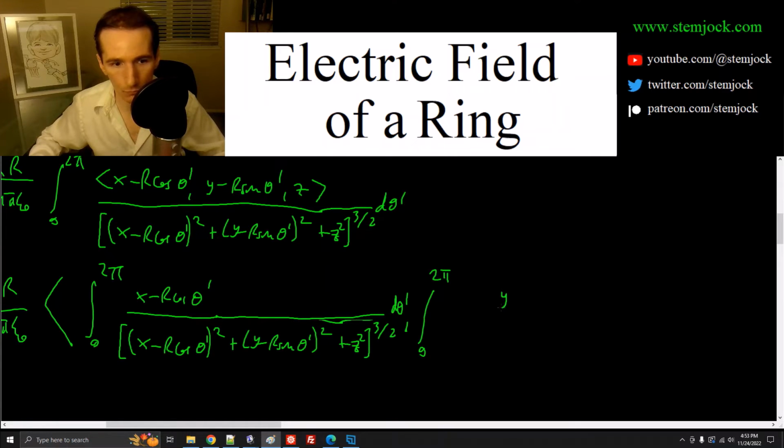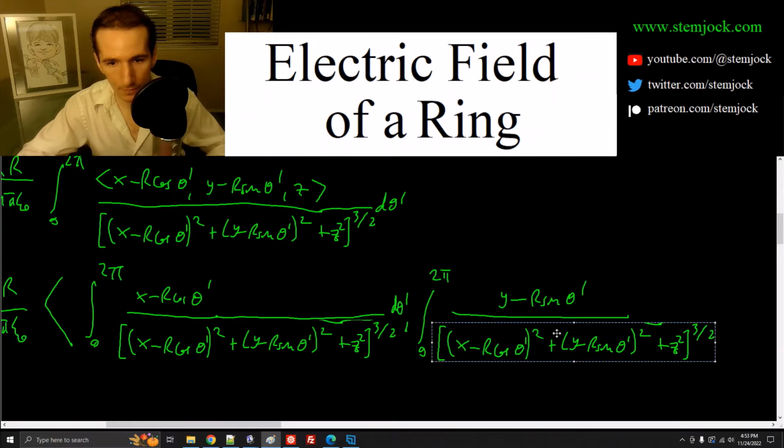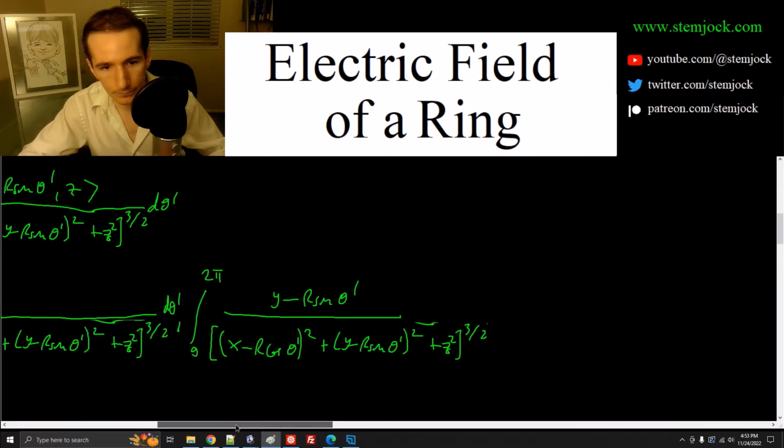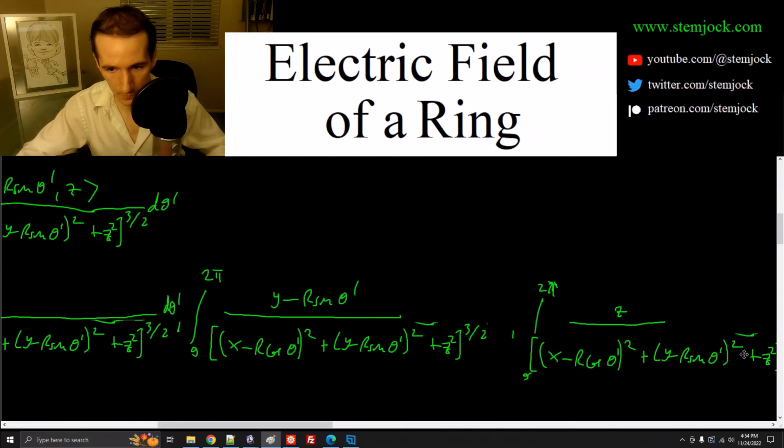And so y minus r sine theta prime over... And for the z component, that's just going to be z over all of this again.